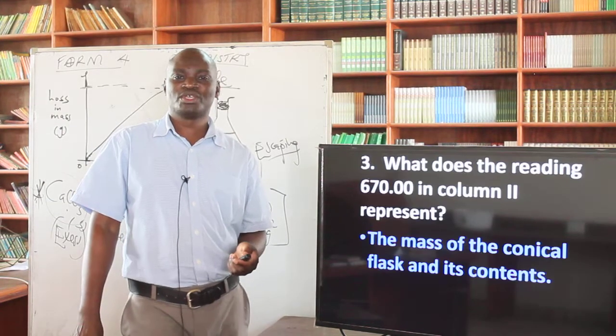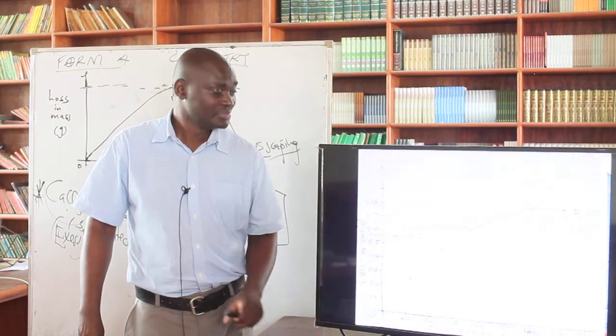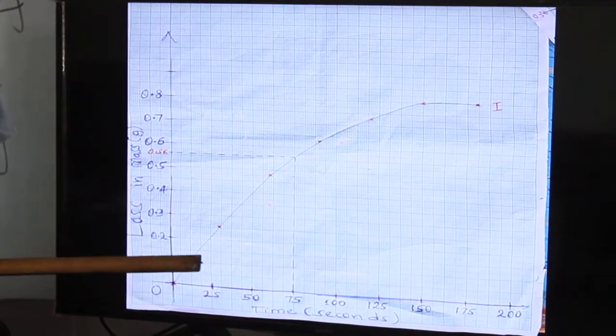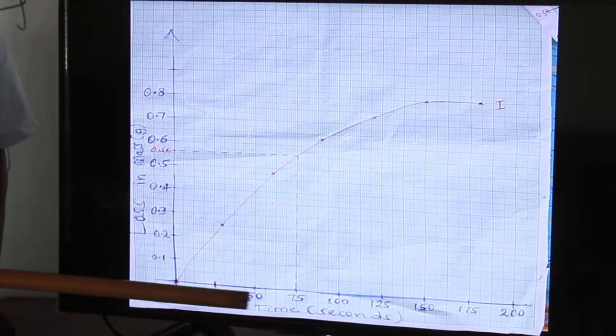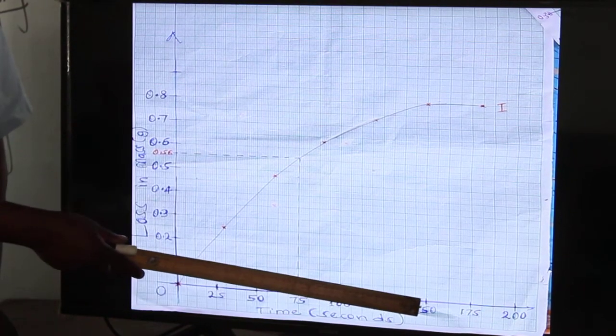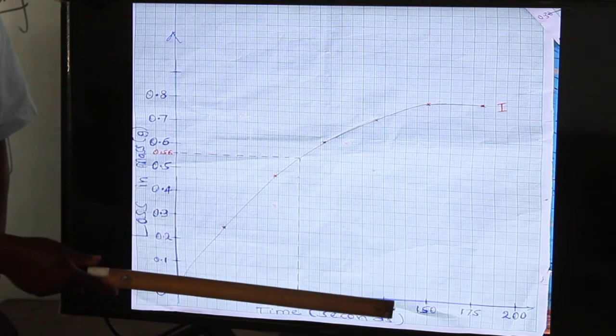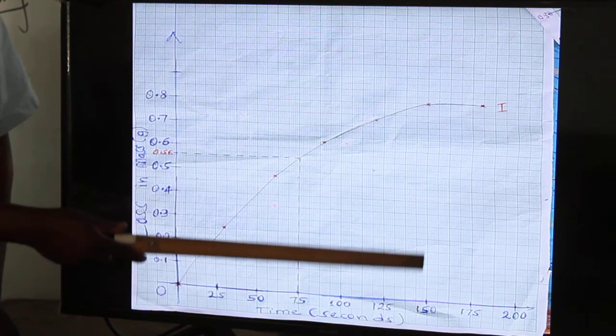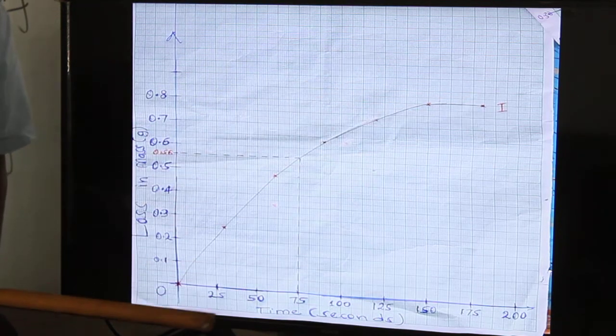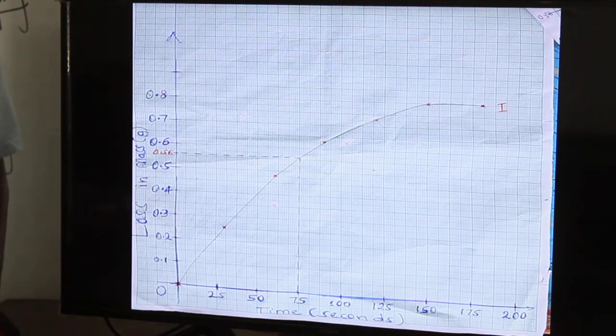Moving back to the graph, if we move to 150, this will increase and then remain constant. The reason why it is constant is because the reaction is complete. No more carbon dioxide is produced, meaning there will be no more change in mass.